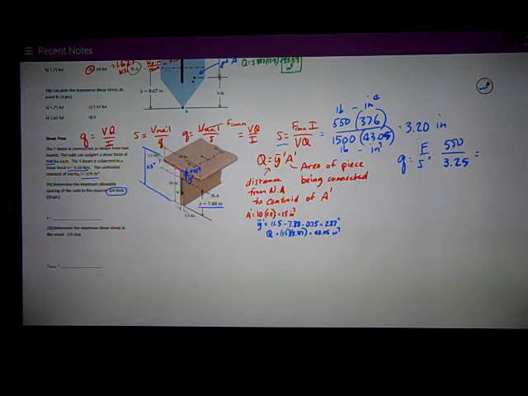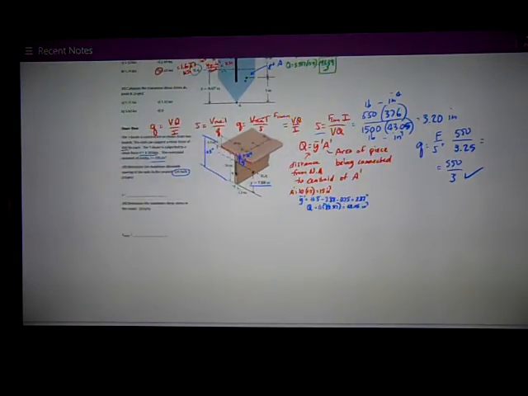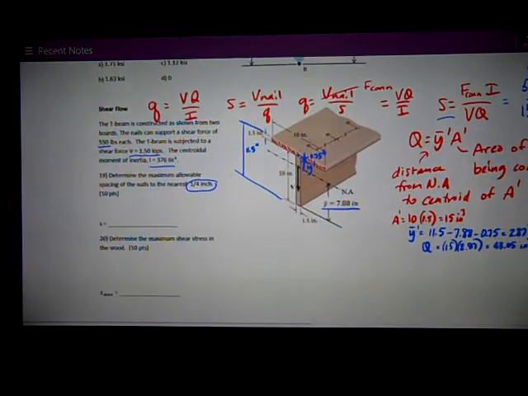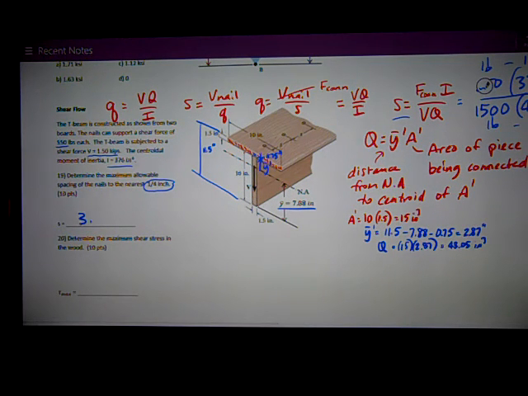If I go 3 inches, I've got 550 divided by 3, so the denominator is smaller, so I get a bigger number. So this is the one I want to use, 3 inches. So I report my answer as the spacing is 3.0 inches.